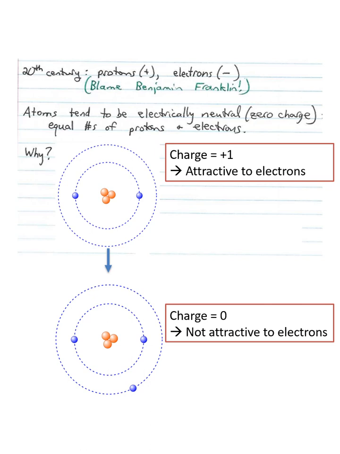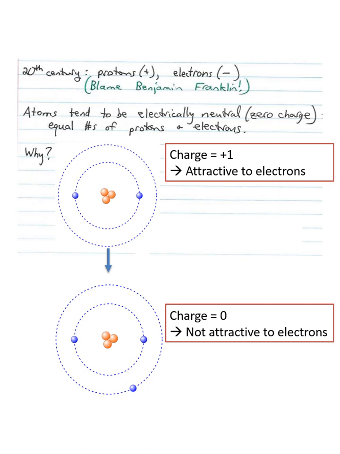Now, here's why generally in nature atoms tend to be electrically neutral. You look at the atom on the top, and this is one that has a charge of +1 because it has 3 protons in the middle and 2 electrons. Now, overall, this atom with the +1, +1, +1, and the -1, -1 has a charge of +1, and being positive, it is attractive to negative charges, so it is attractive to electrons.